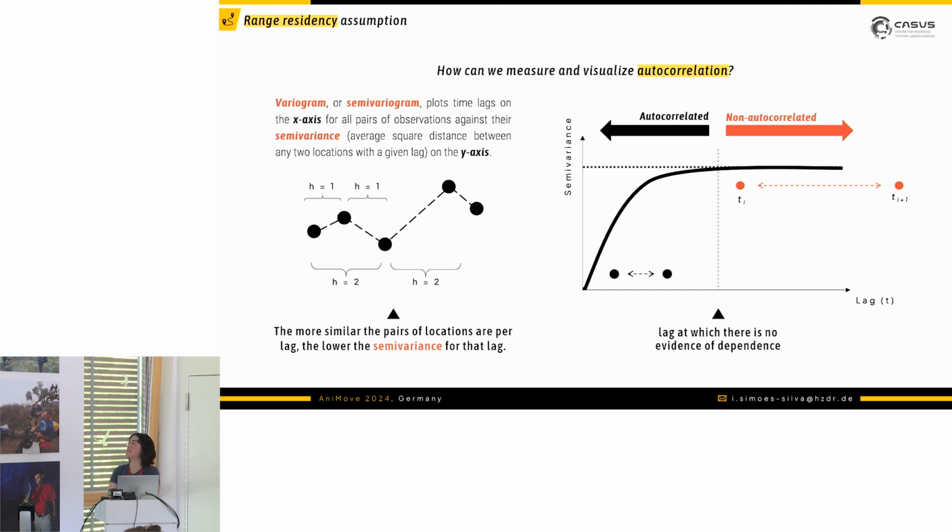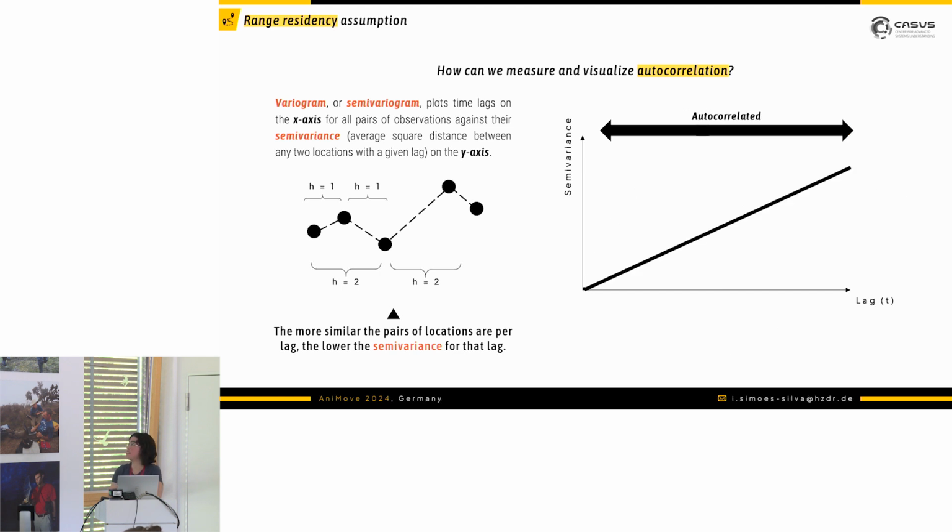So ideally, you see a tapering off, reaching an asymptote, and that's what we want, because it means the animal reached the point of range residency confirmation.